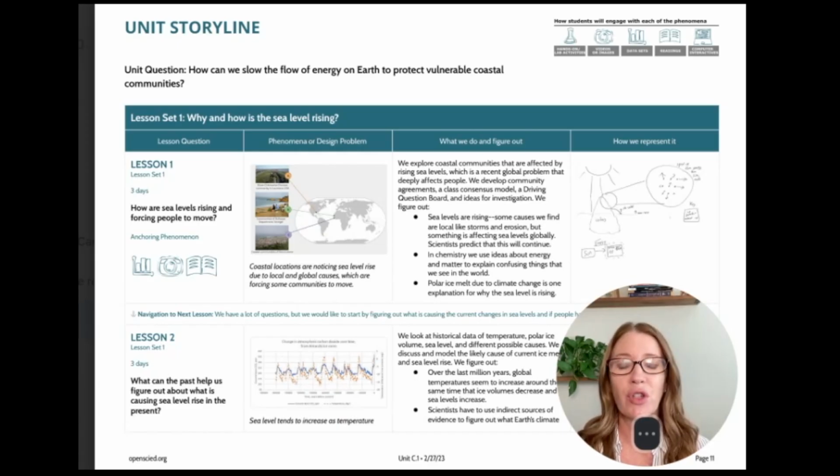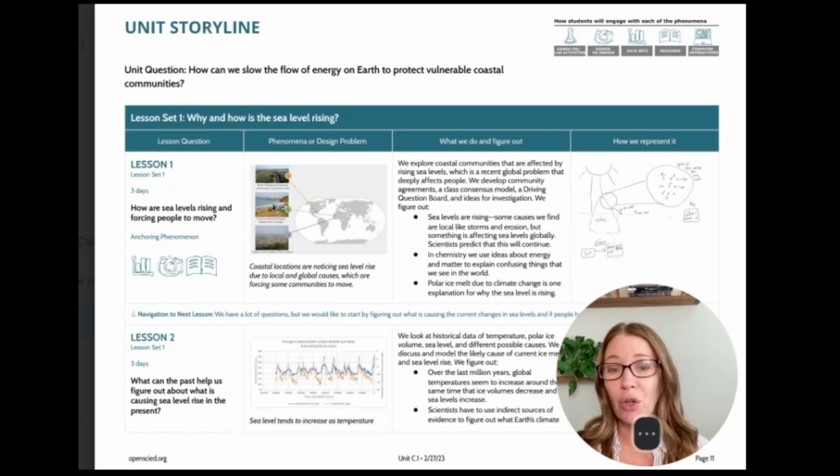If this is the first unit you're teaching in OpenSciEd for chemistry, and you've been teaching chemistry for a while, or even you took chemistry in high school or college, this is going to feel really different. The reason is that this is an integrated unit where we are bringing in earth science standards, and we're going to use an earth science anchoring phenomenon to anchor the unit.